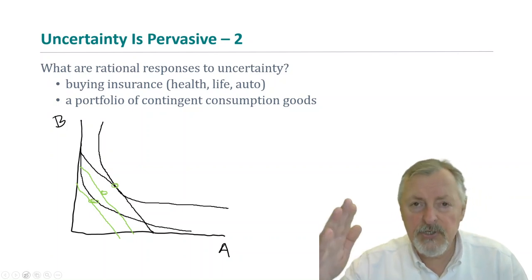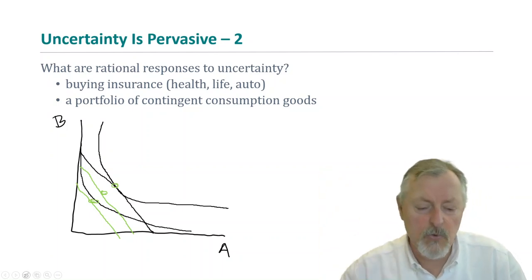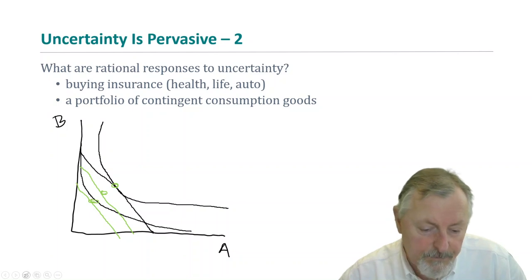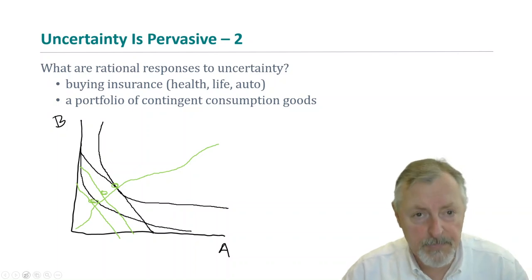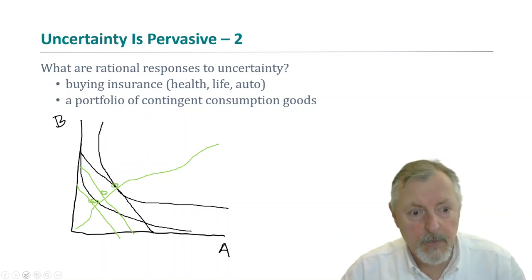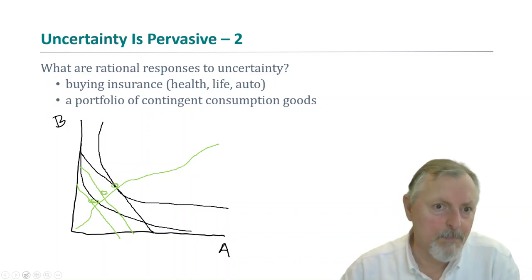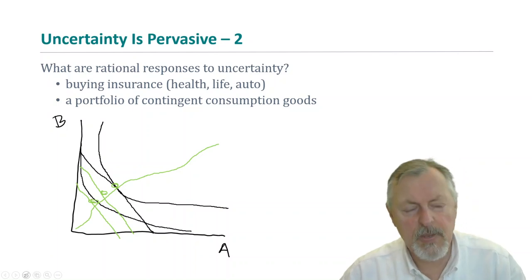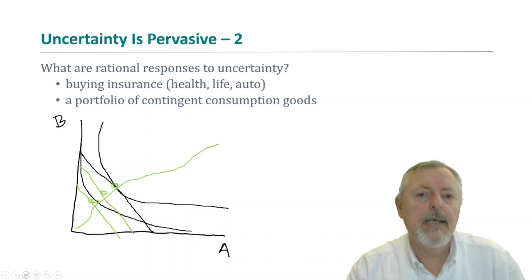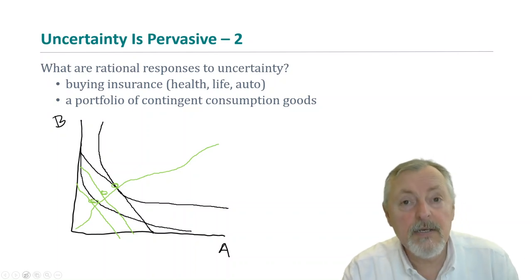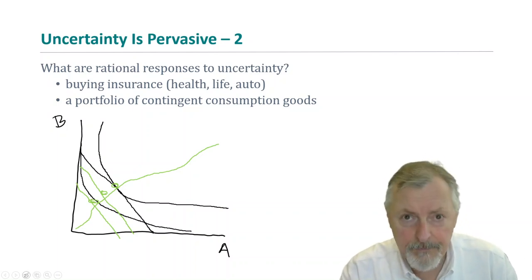If you take the budget line and move it in and out from the origin, you'll get a whole bunch of these points, all of which are optimum choices at some income level. This green line moving up to the right is what I learned as the income expansion path.